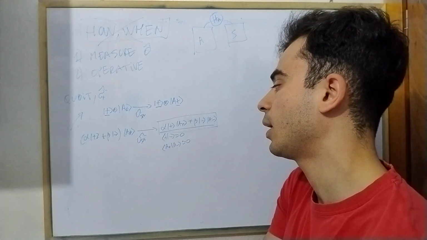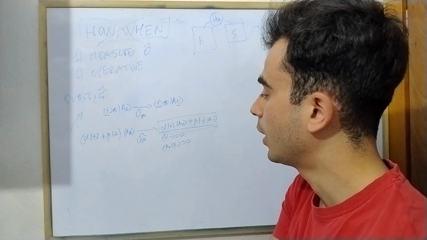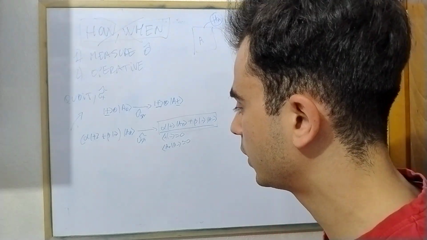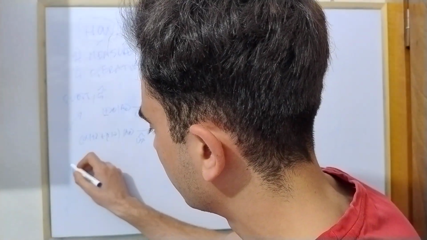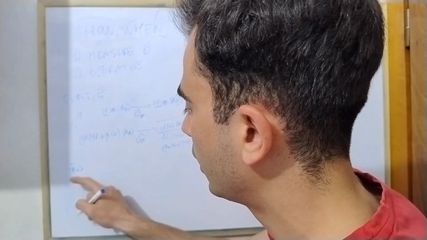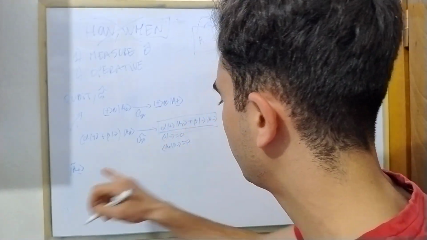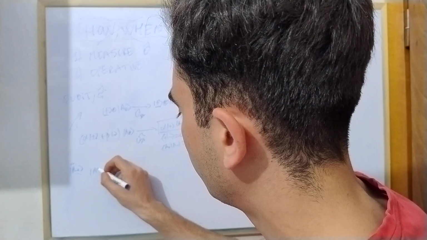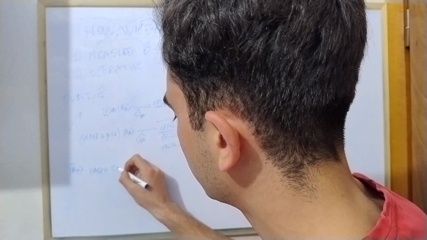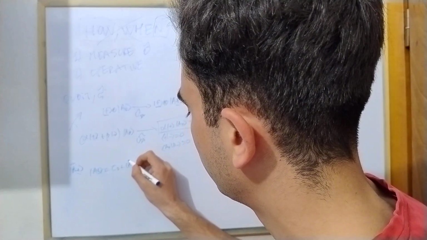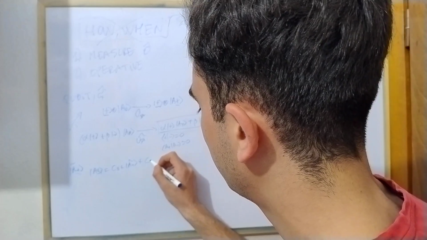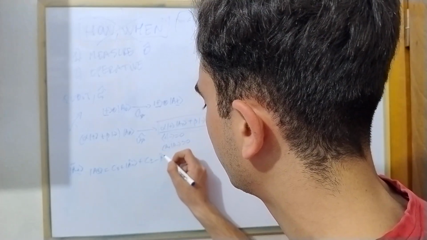this relation has a problem, and to see this problem we have to consider another basis of the apparatus that we call A tilde, and we have to express this state in this new basis. So we have that A plus minus is C plus minus plus A tilde plus, C plus minus minus A tilde minus.